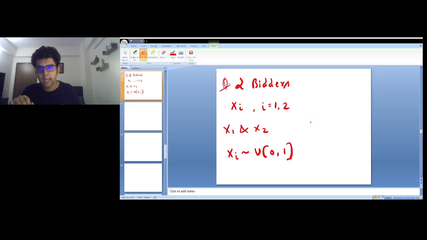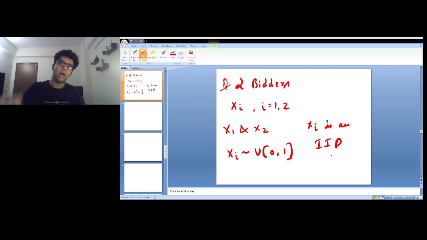So we can say that the xi are IID variables: independent and identically distributed, both having the uniform distribution from 0 to 1.